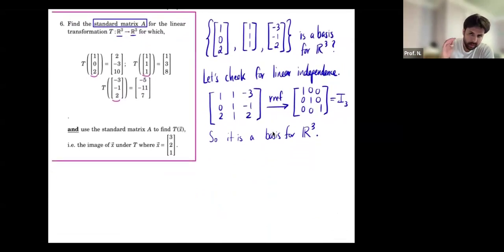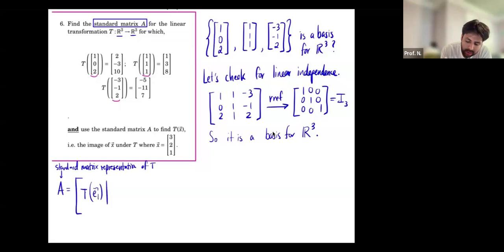What will never lead you astray, what will always be helpful, is to know that the standard matrix representation is always found by plugging in E1, E2, E3.